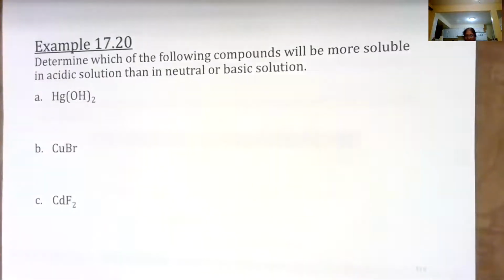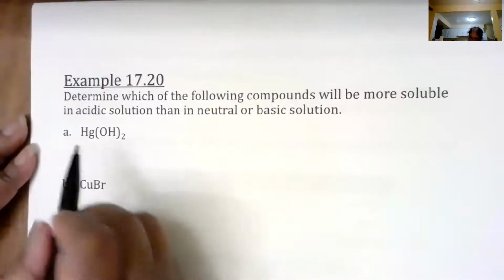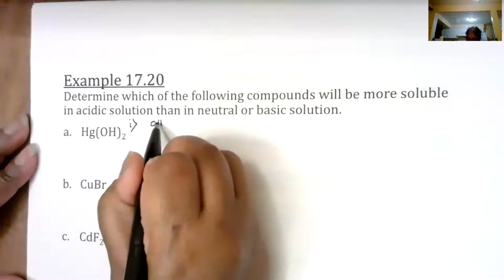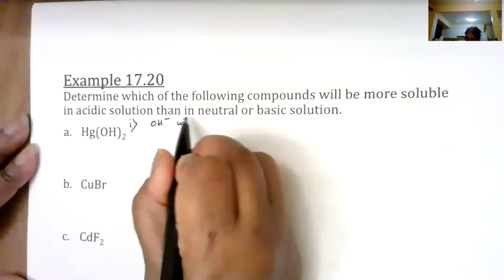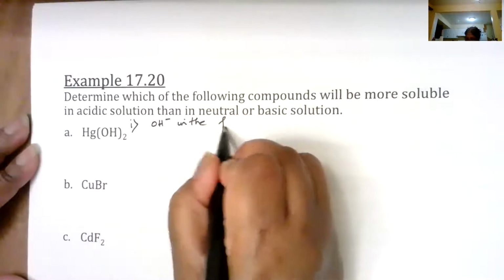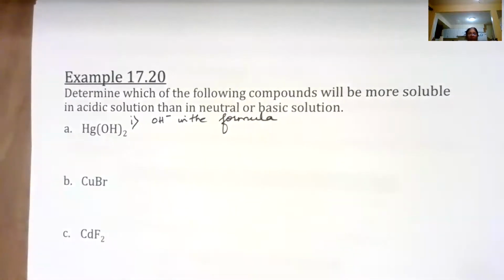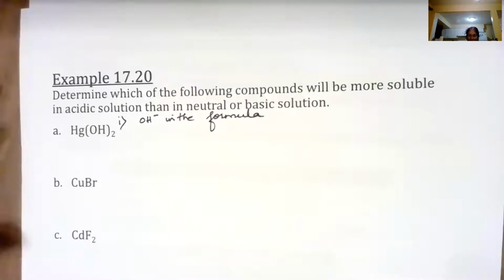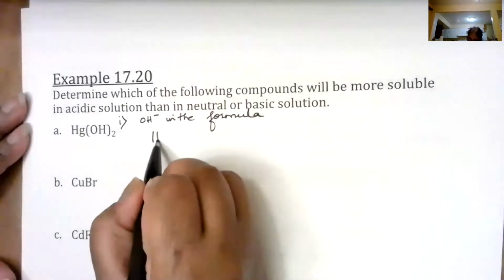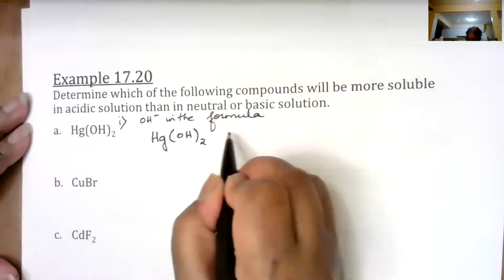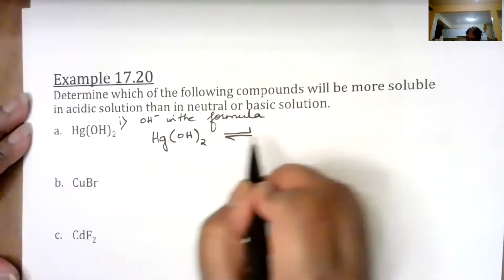So let's look at some examples. One, this is the first case where you have OH minus ion in the formula, the first case that we saw on the previous slide. So here, Hg(OH)2 goes into solution.